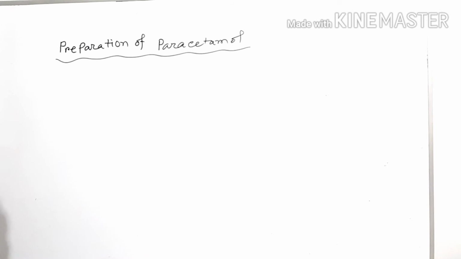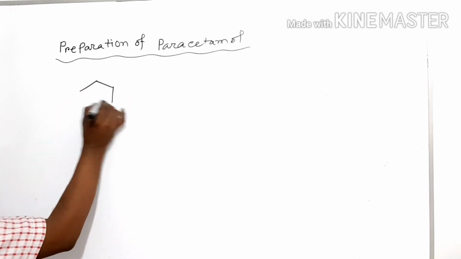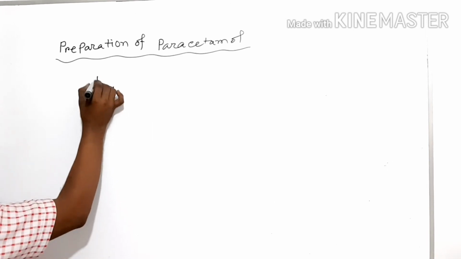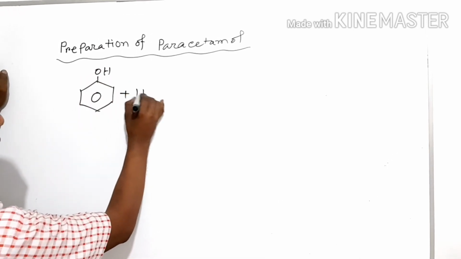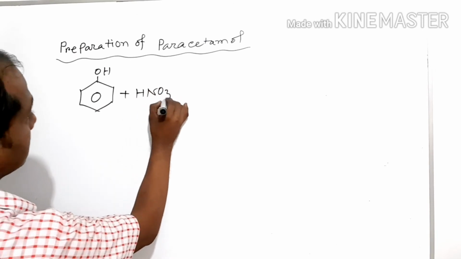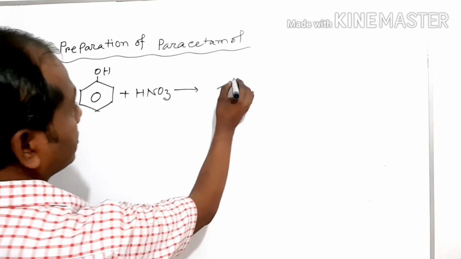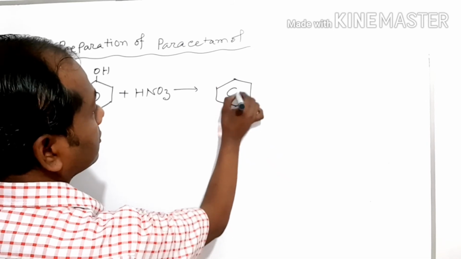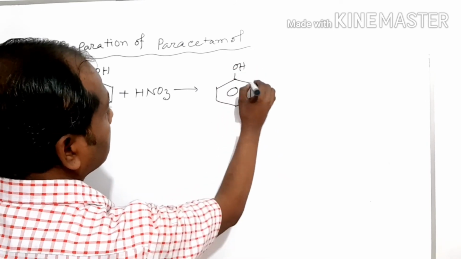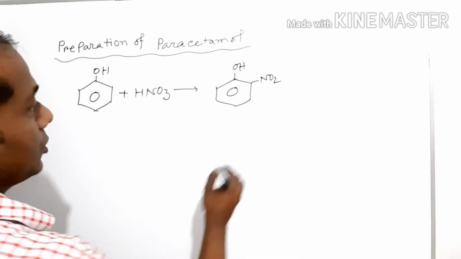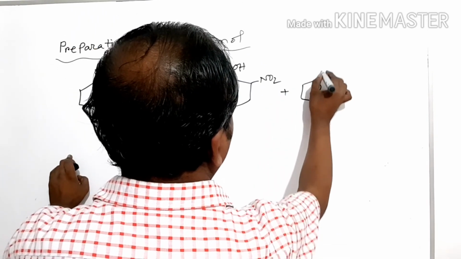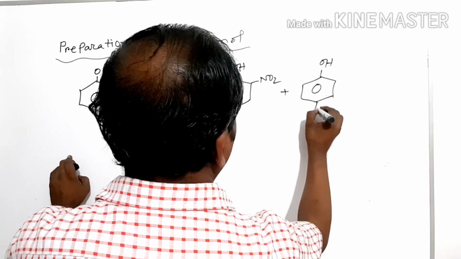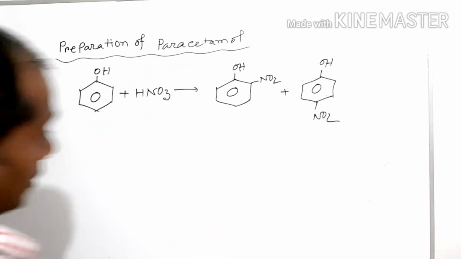Now we discuss about preparation of paracetamol. If phenol reacts with nitric acid, then it produces orthonitrophenol and paranitrophenol.